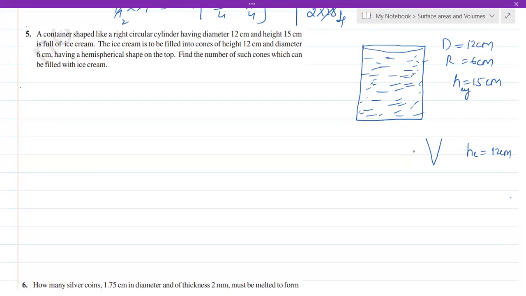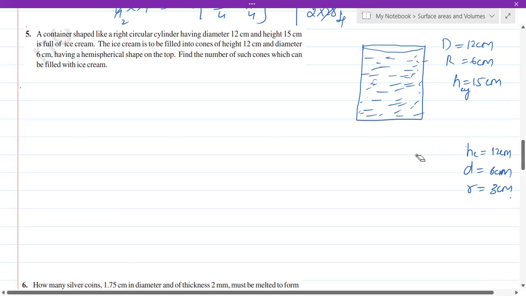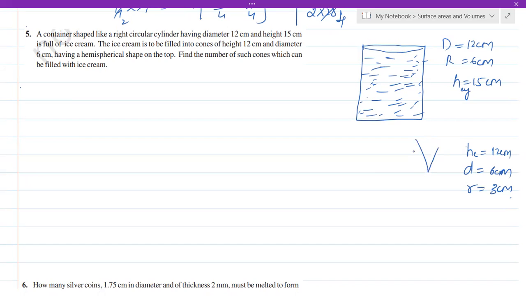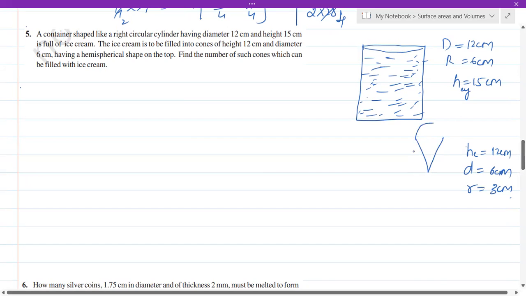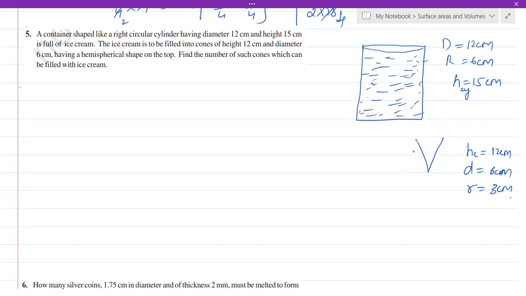Let me take this as capital R. So small d is 6 centimeter and small r is 3 centimeter, having a hemispherical shape on the top. So we have to fill a cone, and obviously on the top you'll have something like this, isn't it? That's how the ice cream looks. So the ice cream in this cylindrical container has to be filled like this.